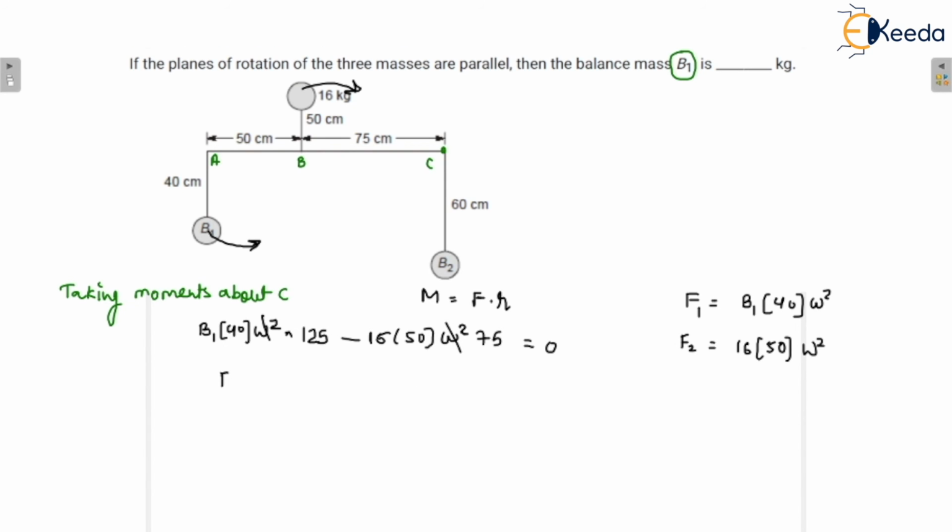From here you can calculate the B1 value. B1 is equal to 16 multiplied by 50 multiplied by 75, divided by 40 into 125. It is just a mathematical calculation now. Solve this and you will get B1 is equal to 12 kilogram. So that is the final answer for this question. I hope you understand the solution of that question.